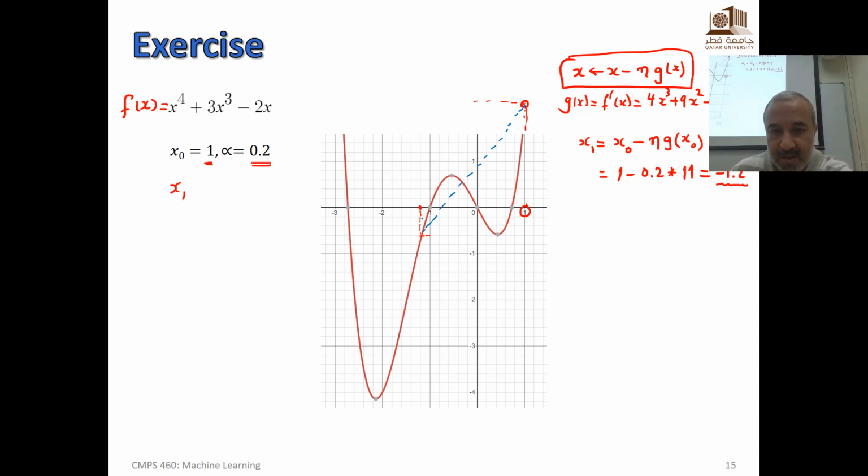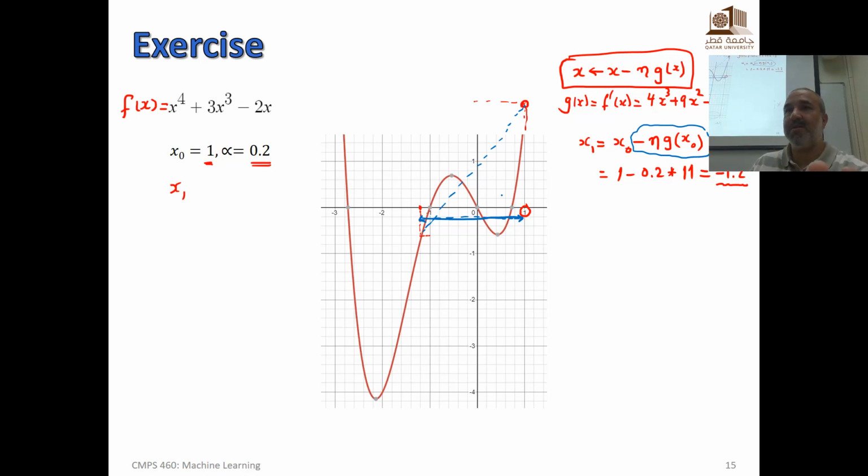Which is this. That's the update. That's this value, right? That's also not the step size. That's the step size times the gradient. I think you understand now the values that we are working with.